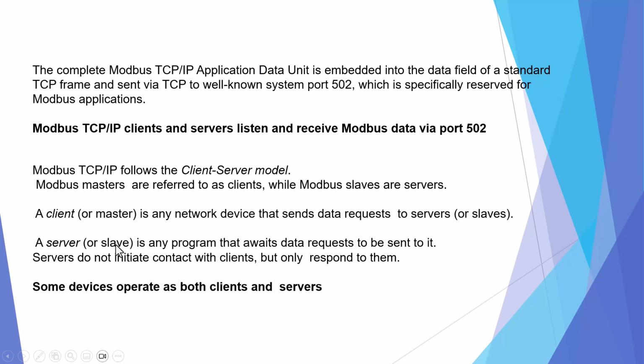A server, also called a slave, is any program that awaits data requests sent to it. A server does not initiate contact with a client, but only responds. Some devices operate as both client and server. That's called Modbus TCP/IP.